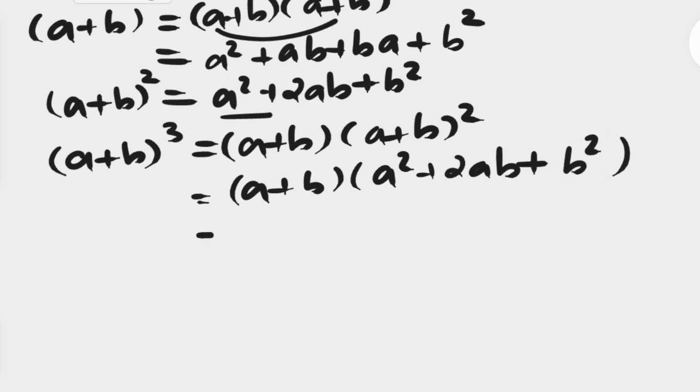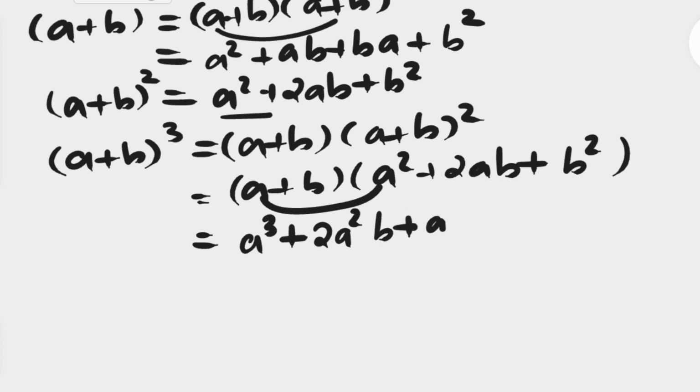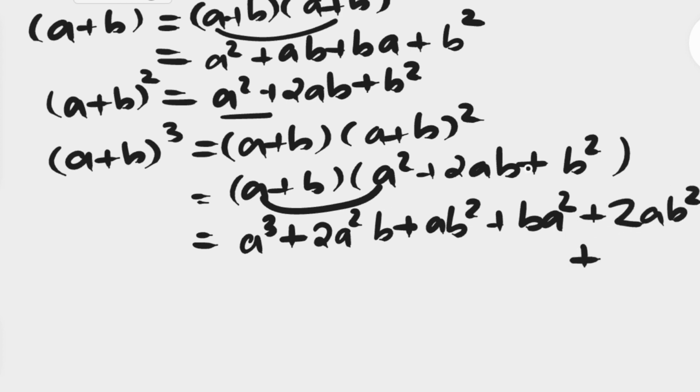Substituting, here we can apply the distributive law. So we get a times a is a cube, plus a times 2ab is 2a square b, plus a b square, plus b times a square, plus b times 2ab, 2ab square, plus b times b square, which is b cube.